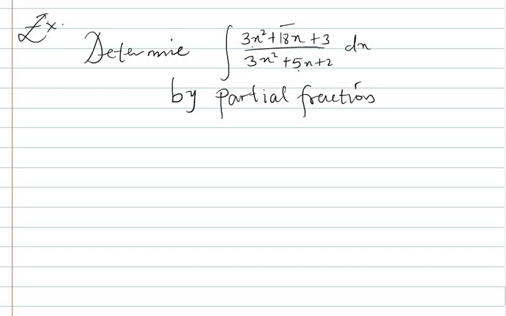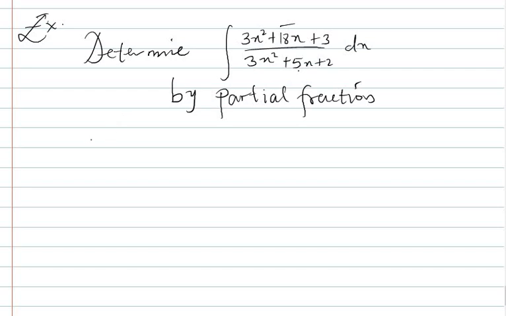We have the integral of 3x squared plus 18x plus 3, all over 3x squared plus 5x plus 2. Both are quadratic polynomials, so we have to use integration by partial fractions to evaluate the integral.